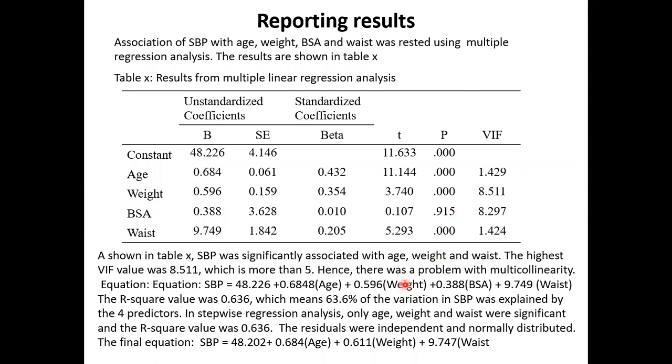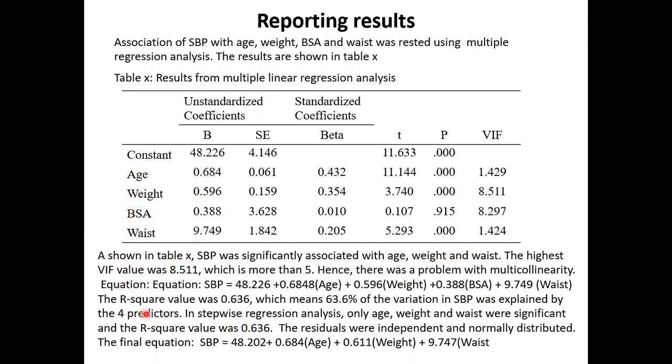You don't have to explain every unit increase, but that's what it means. Then R square. R square was 0.636. What does it mean? 63.6% of the variation was explained by all 4 predictors.